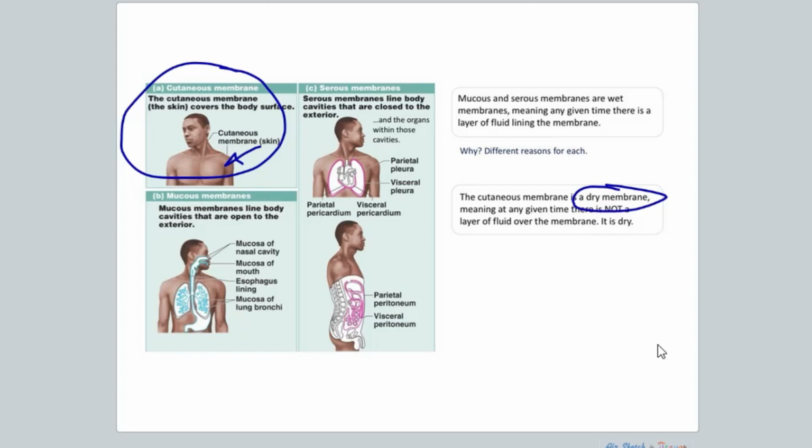And so that's in contrast to mucous and serous membranes. Mucous and serous membranes are what we call wet membranes. And what that means is that at any given time, there's a layer of fluid lining that membrane. And there are different reasons why we have a layer of fluid in the mucous membranes and in the serous membranes. And we will get to that.